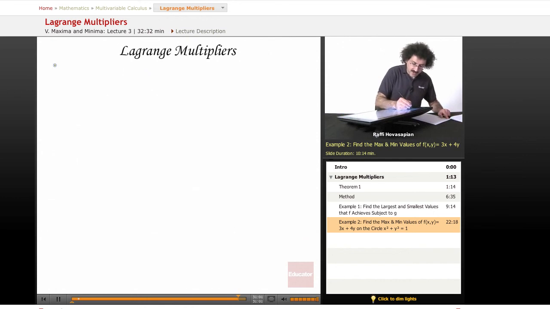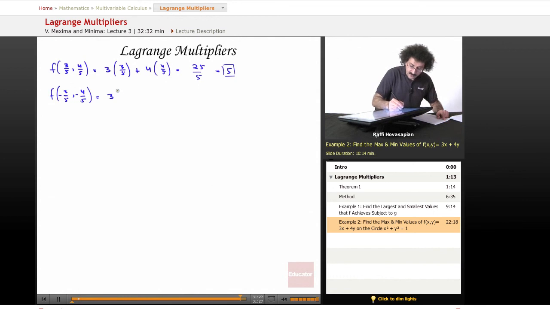So we'll do f of 3/5, 4/5. That's going to equal 3 times 3/5 plus 4 times 4/5 equals 25/5. That's going to equal 5. And f of minus 3/5, minus 4/5 equals 3 times minus 3/5 plus 4 times minus 4/5 equals minus 25/5 equals minus 5.